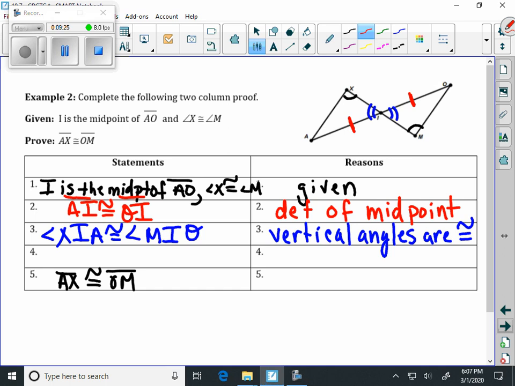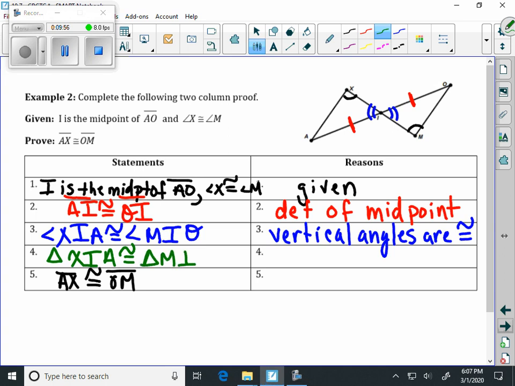And we actually have enough now to prove that these 2 triangles are congruent. And what we can say is that triangle XIA is congruent to triangle MIO.